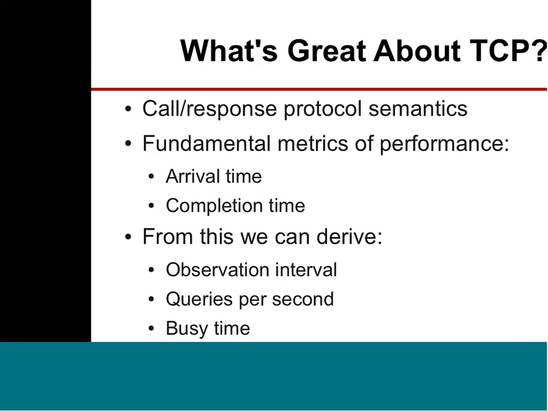I think it's fairly obvious how we get that. And the busy time, I call this the busy time. Different people have different names for it. This is the portion of time during which there was at least one thing executing on the server. And the total execution time, which would be the completion time minus the arrival time of all of the requests that we saw arrive and depart during the observation interval.